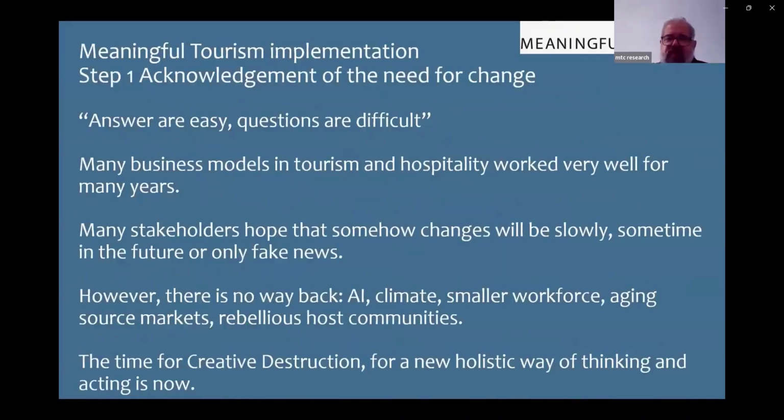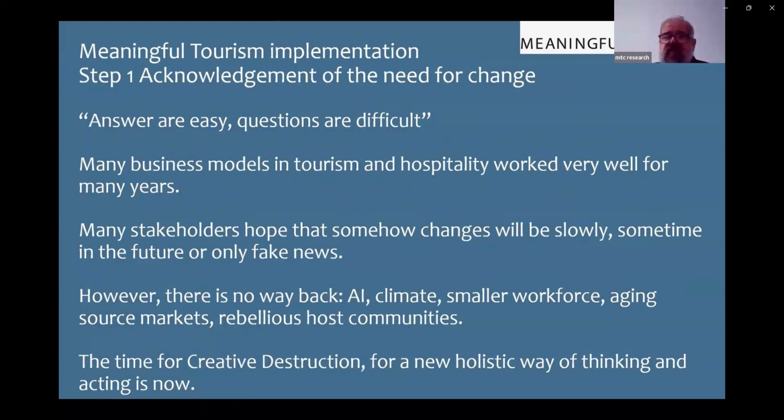I've been saying to my students for many years, answers are easy, questions are difficult. So you have to ask the right questions, you have to have the right approach in looking at what you are doing. And of course, it is not so easy because many business models in tourism and hospitality worked very well for many years.